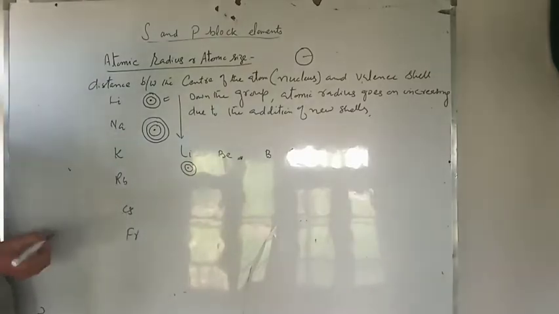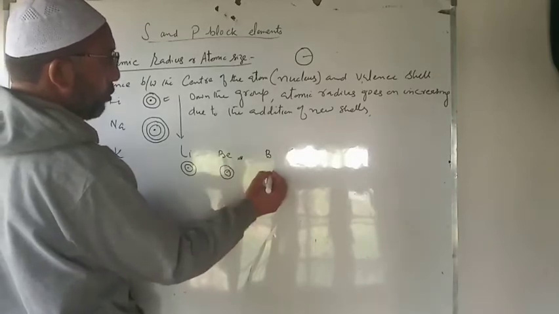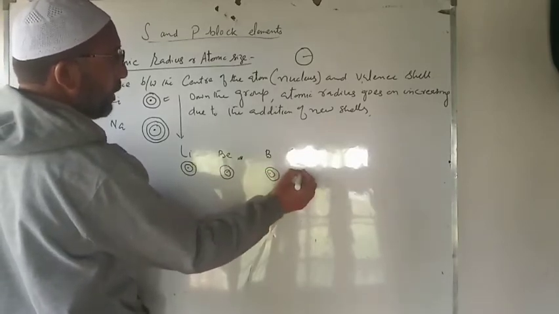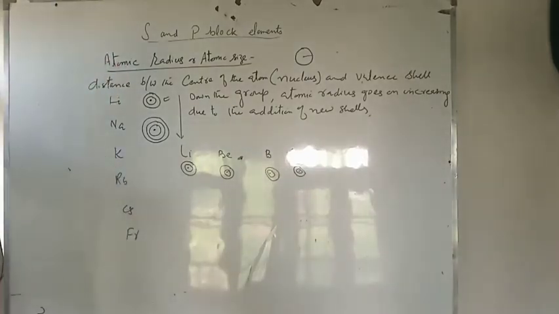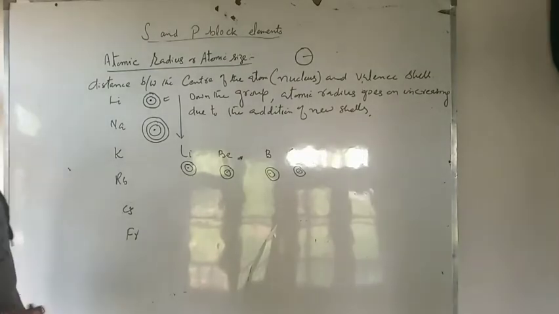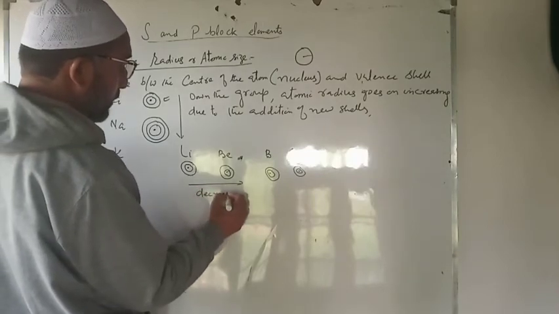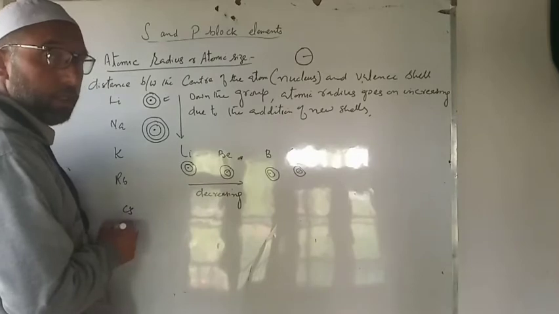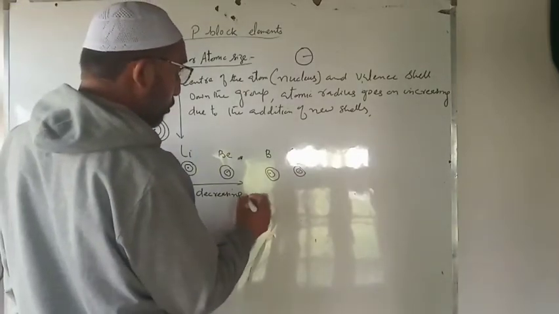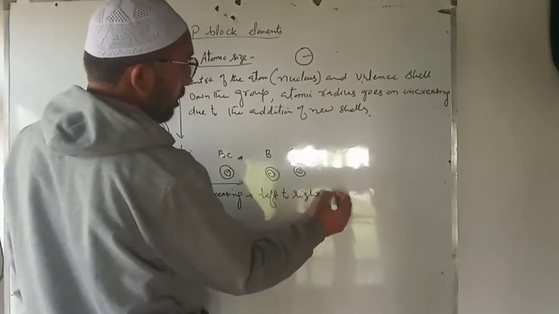Lithium has two shells, beryllium again two shells, boron two, carbon two, and then nitrogen, oxygen, fluorine, all of them have only two shells. That means the number of shells indicates that the size should be the same. But we observe that the atomic radius goes on decreasing. Atomic size goes on decreasing as we move from left to right in the periodic table.